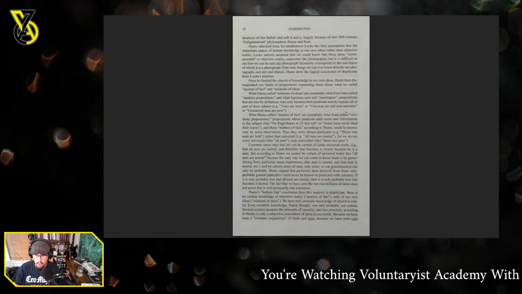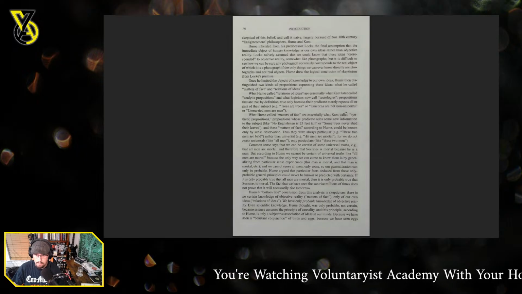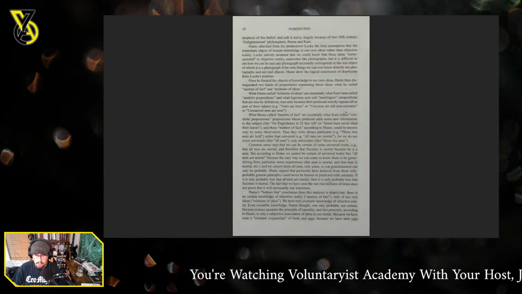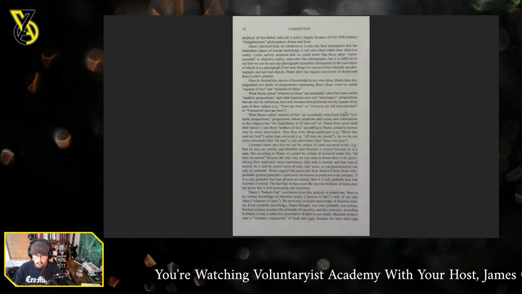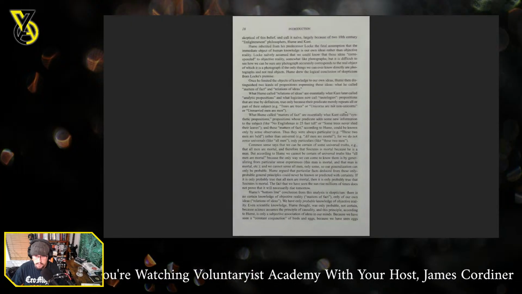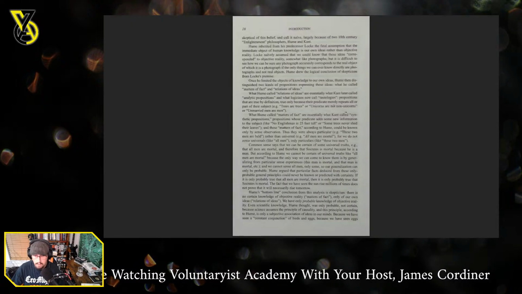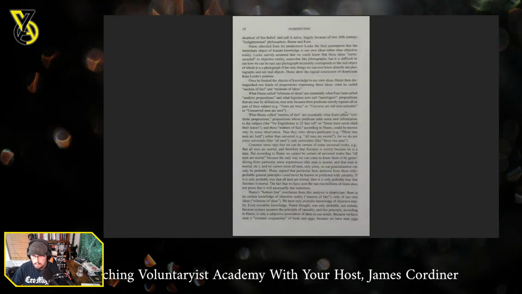Thus, they were always particular, e.g., those 2 men are bald, rather than universal, e.g., all men are mortal. For we do not sense universals like all men, only particular, like these 2 men.